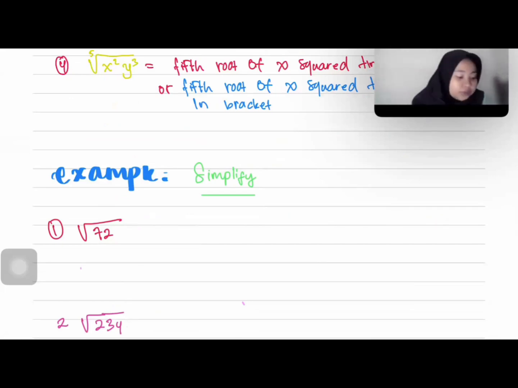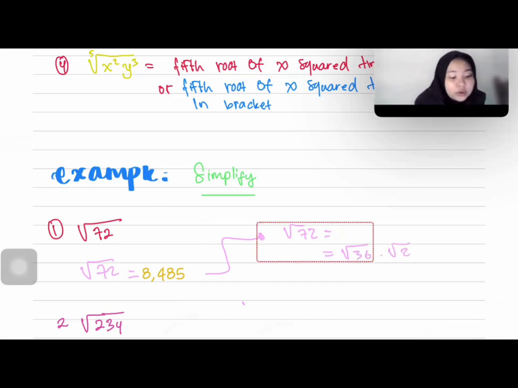Root of 72 equals 8.485, or we can simplify 72 as root of 36 times root of 2.